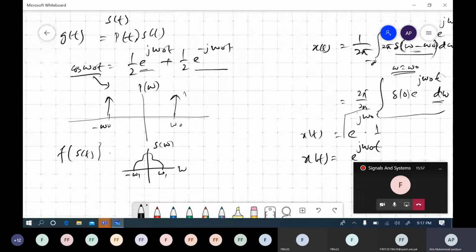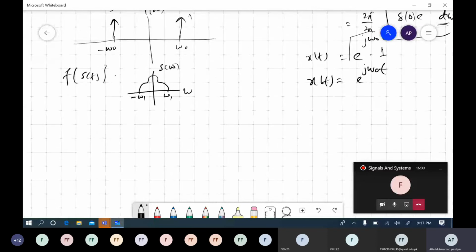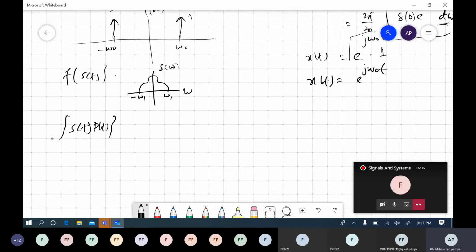We know that if we multiply s of t with p of t, then in the frequency domain their spectra, s of omega and p of omega, are convolved, and scaled by 1 over 2 pi.